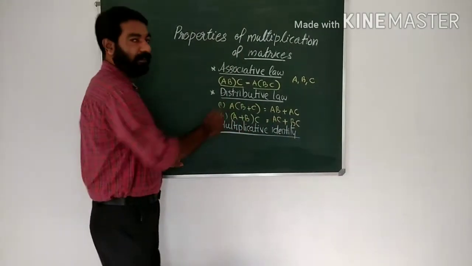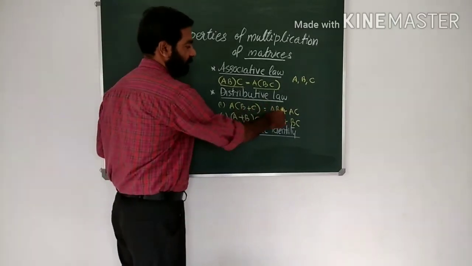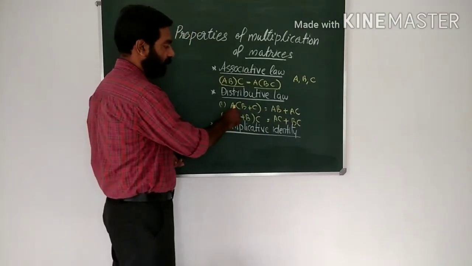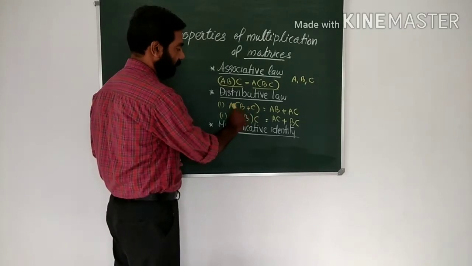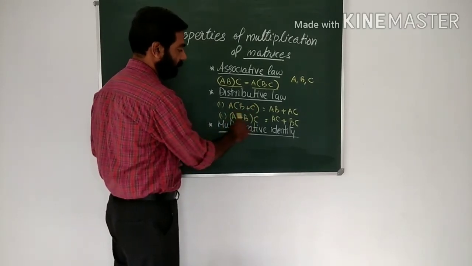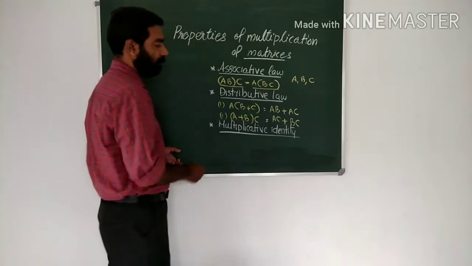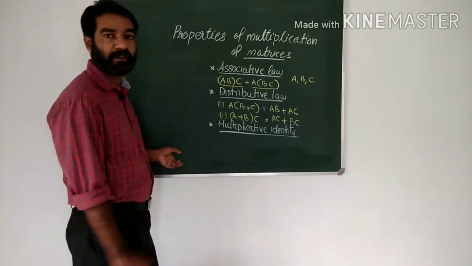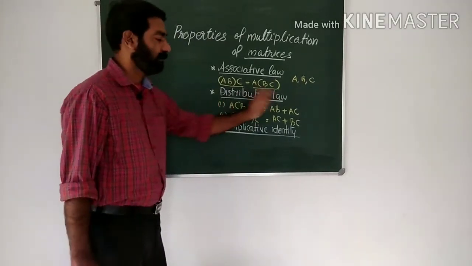Both LHS and RHS are defined. A into B plus C is equal to AB plus AC, and A plus B into C is equal to AC plus BC. Both are possible only when LHS and RHS are defined.